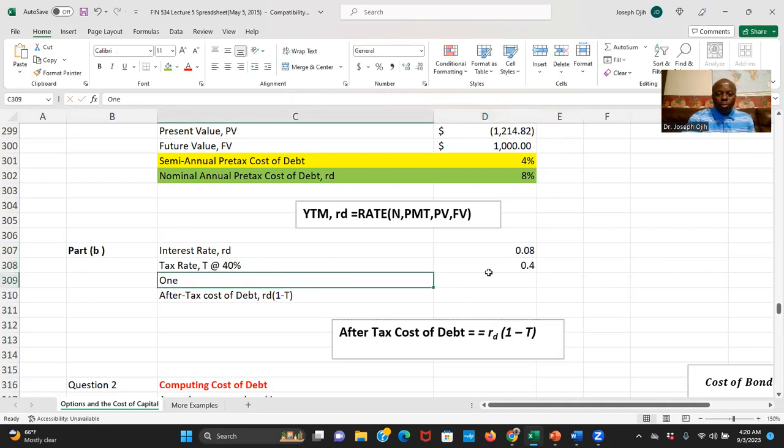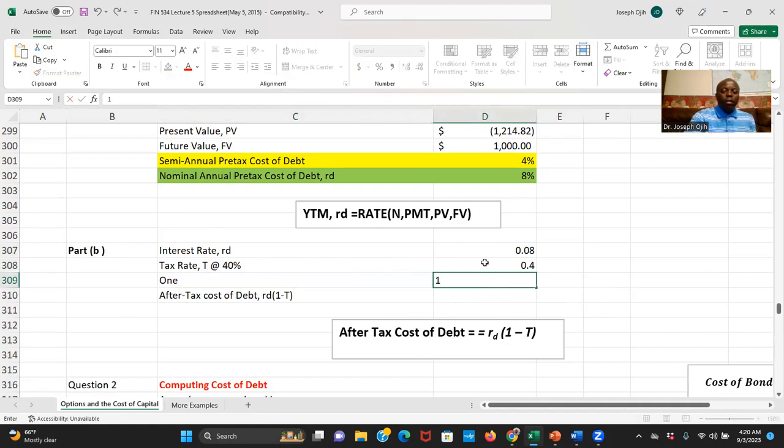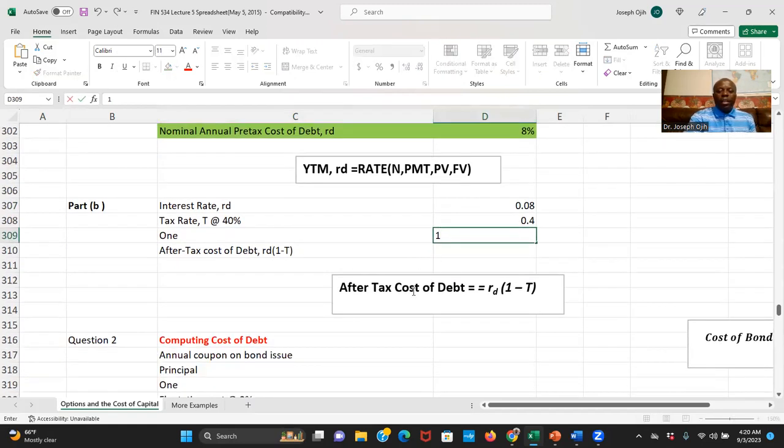So now the after-tax cost of debt is RD times 1 minus tax rate, which equals RD, which is 8%, times, click on 1 minus the tax rate of 40%.